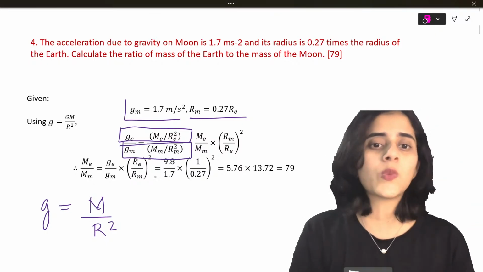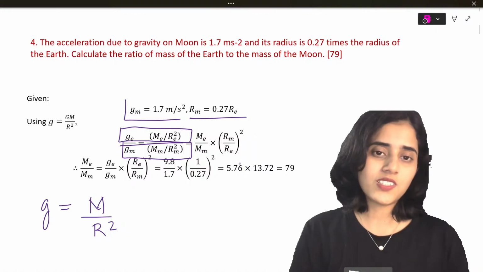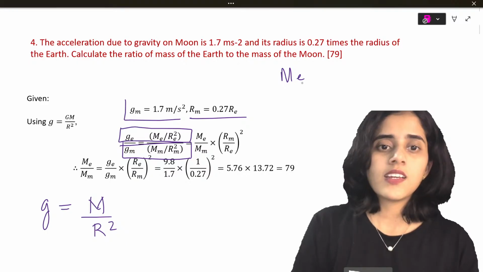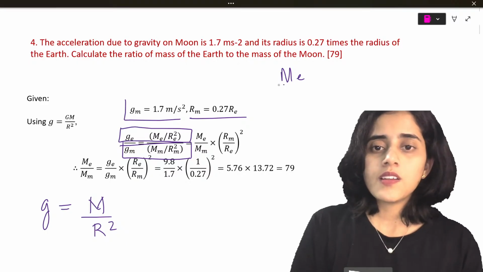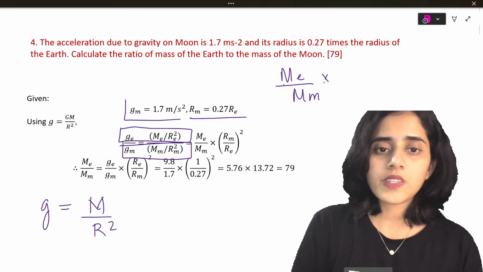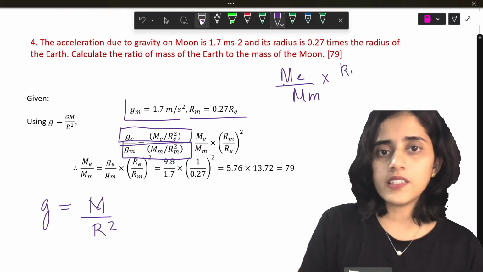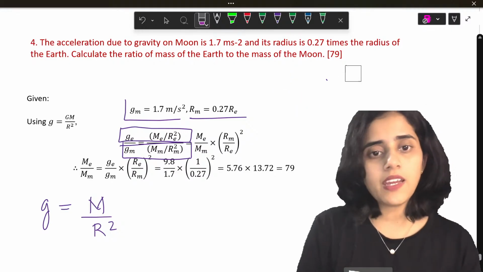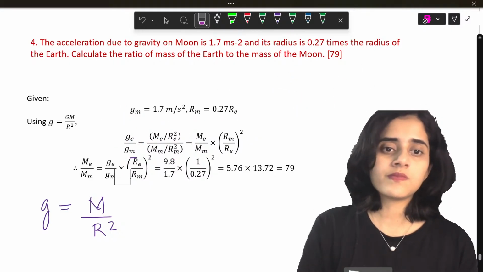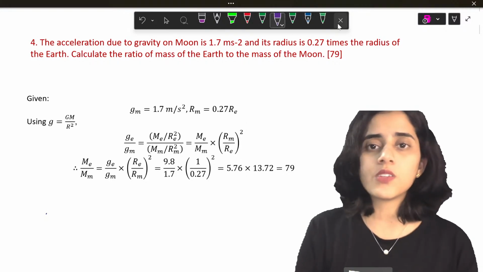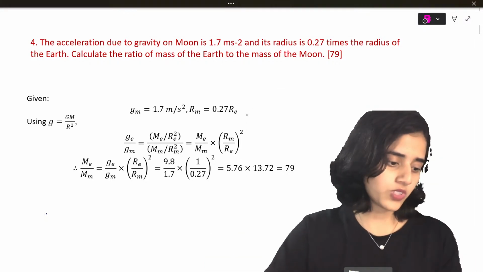And then you just equate it, substitute. What did I do? I just wrote it as Me divided by Mm into Rm square will go up divided by Re square. All the values are there. You just have to substitute it.